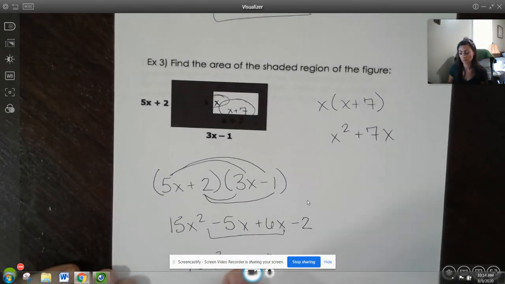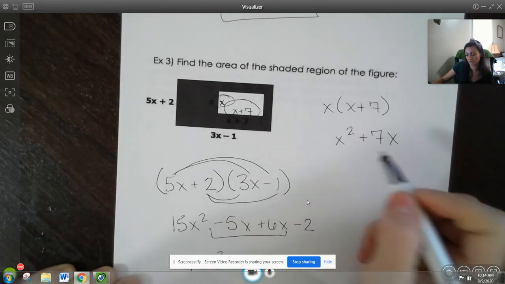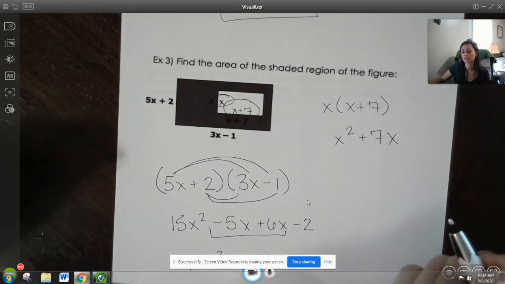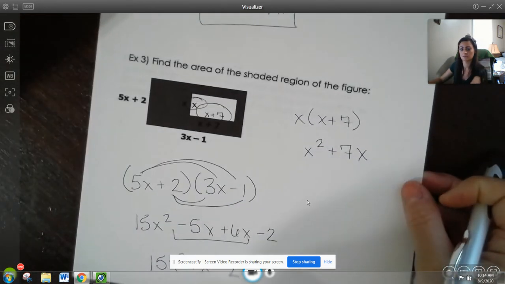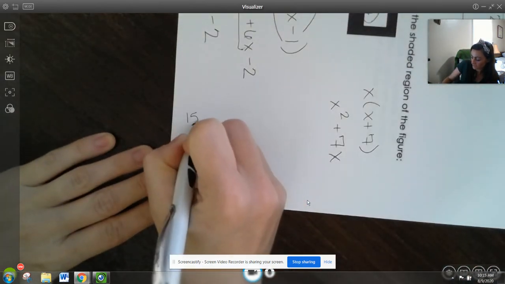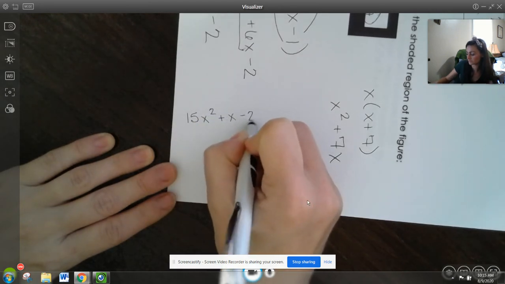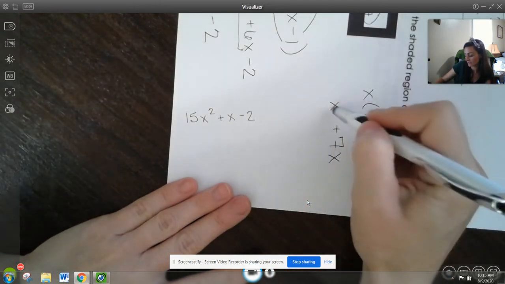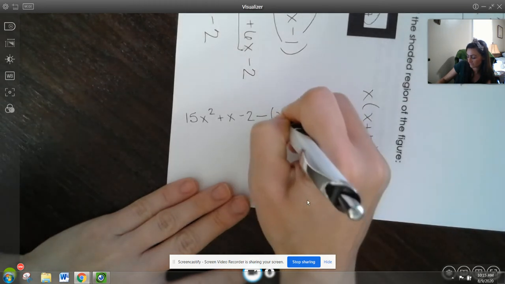So now our job is to subtract this portion from this portion. You can choose to write this any way you want. I'm going to turn my paper sideways so I have more room. So I have 15x squared plus x minus 2, and I'm going to subtract x squared and subtract 7x.